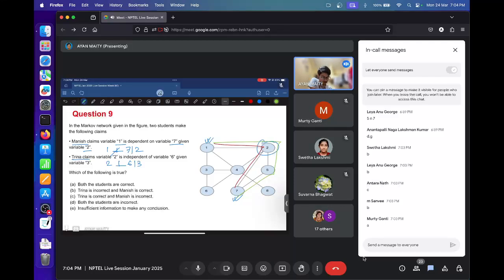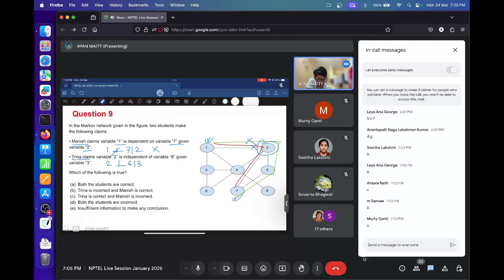If 2 is given, 2 would block both paths. Both the paths between 1 and 7 would be blocked by 2. So if all the paths between 1 and 7 are blocked, then 1 and 7 are independent of each other, but the claim says dependent on each other, so that would be incorrect.